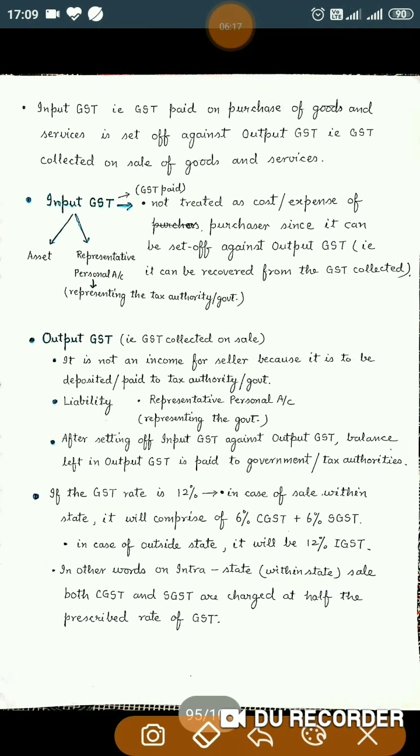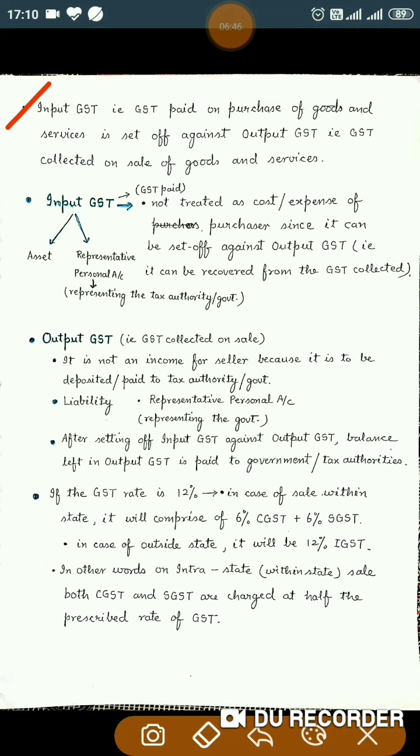Input GST, that is GST paid on purchase of goods and services, is set off against output GST, that is GST collected on sale of goods and services. So whenever you are purchasing goods, you have to pay GST, and definitely the goods that you have purchased, you will sell in future.